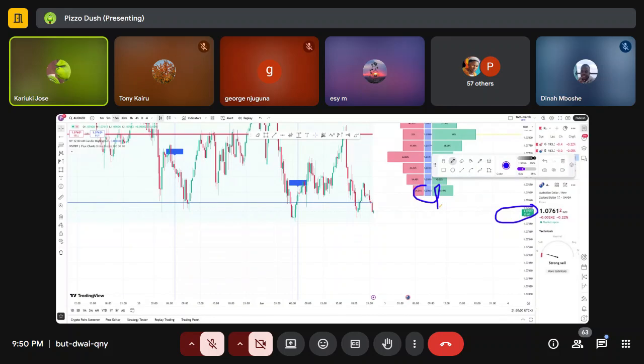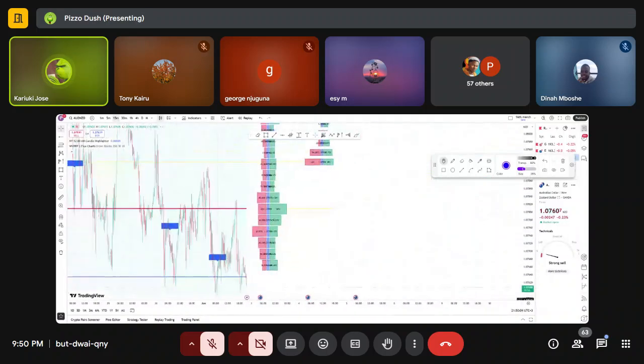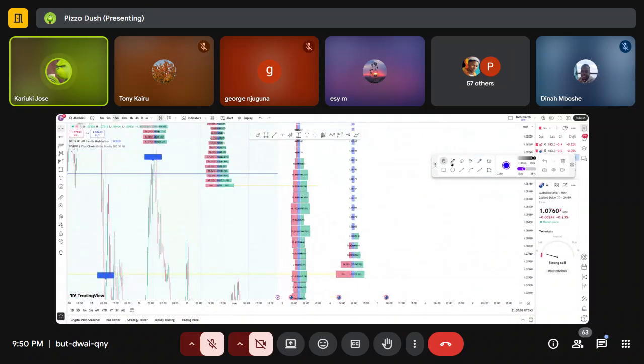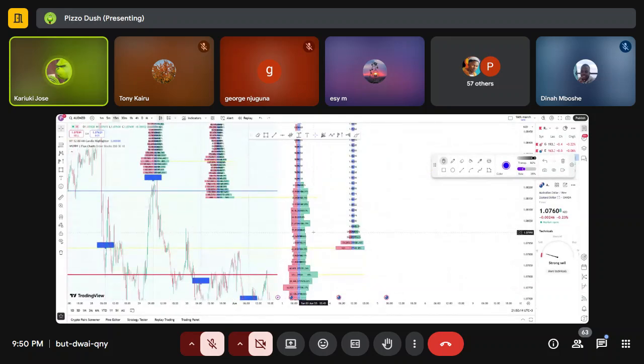So you can trade with that because you trade na hiyo sasa. You can trade with that unless wameleta ingine, wanapanga. You can see wameleta ingine sasa. So lazima ukae ukiangalia, they keep printing new ones. Okay. Understood.